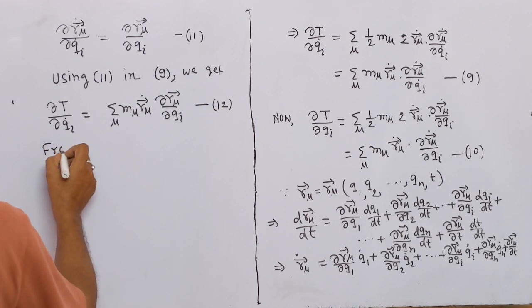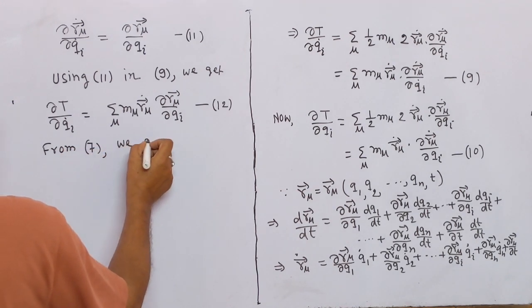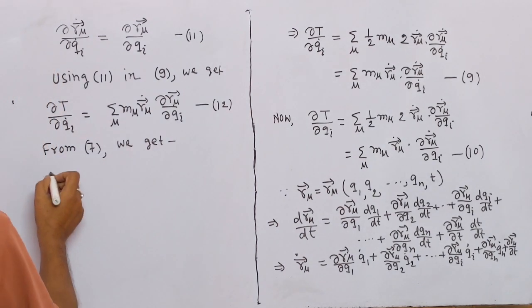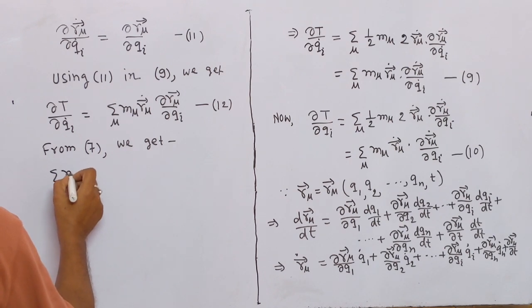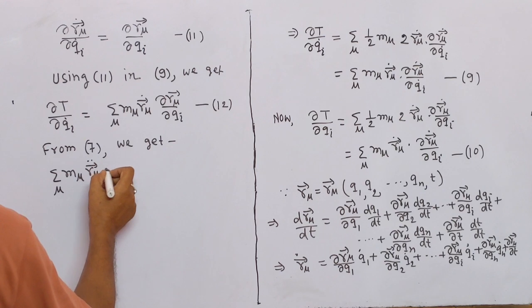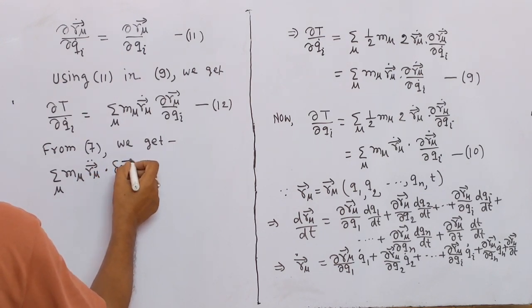From 7 we get, left side: sum over mu of a_mu, r_mu double dot, dot delta r_mu vector.